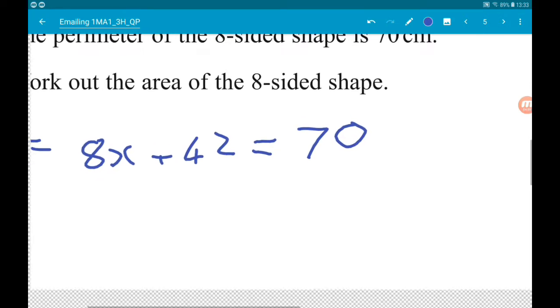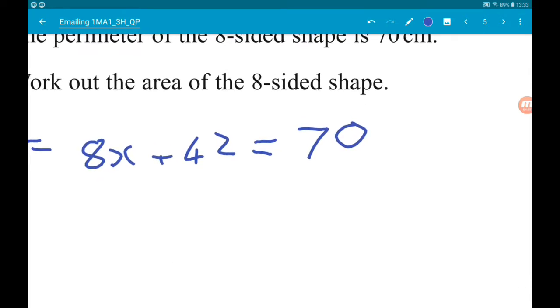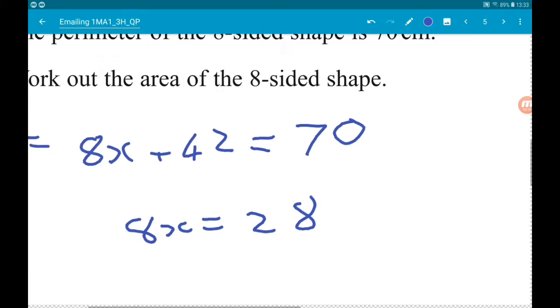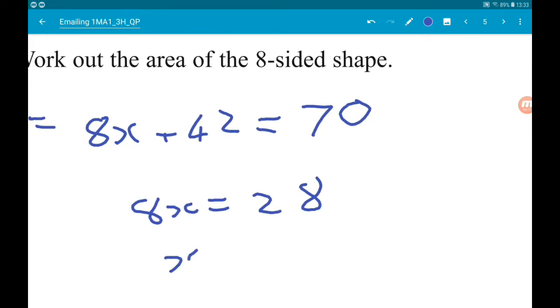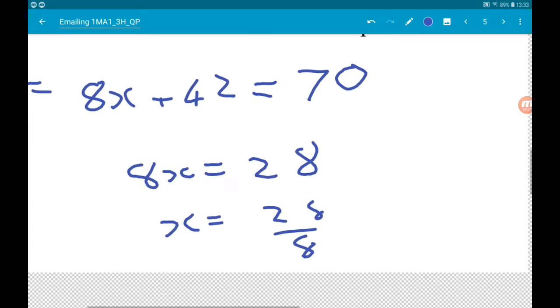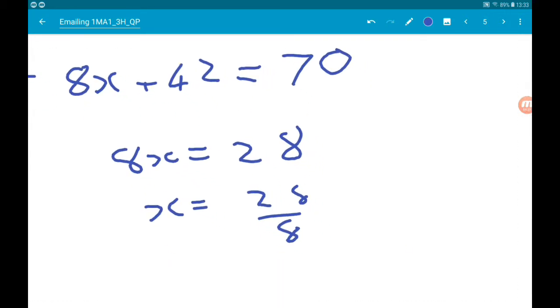So if we subtract 42, we get 8x is equal to 28. And then if we divide by 8, we get x is 28 over 8, which is 3.5.